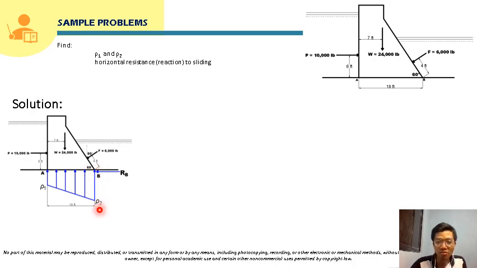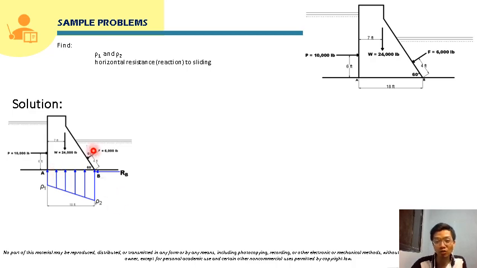So the greater intensity of our ground reaction, which is rho 2, we will assume is located here, since the resultant for this dam is downward to the right.